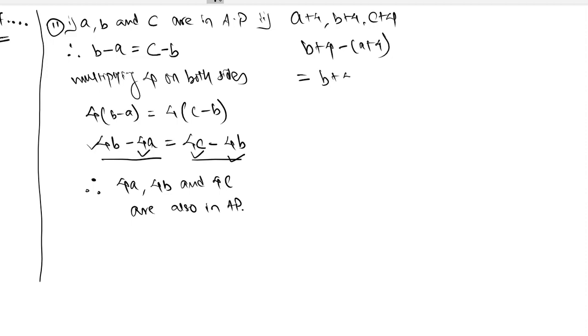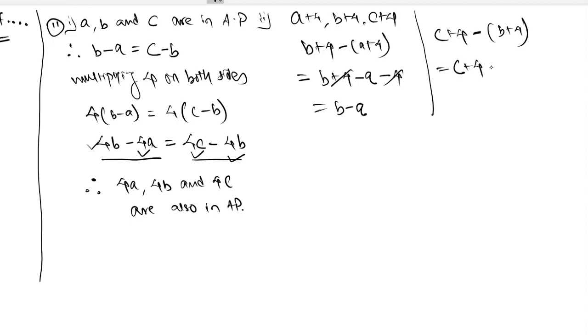B plus 4 minus A minus 4, the 4s cancel, and you get B minus A. Let us also find C plus 4 minus B plus 4, which is C plus 4 minus B minus 4. The 4s cancel and you get C minus B. But B minus A is equal to C minus B.